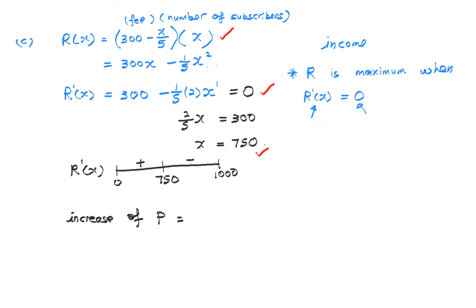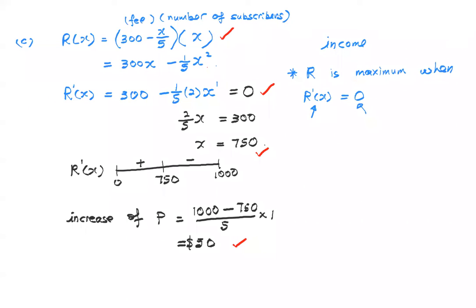So it will be 1,000 minus x, divided by 5, times 1. So you get the answer. This one is another 1 mark. So you increase by 50. Done. You get another mark here. Any issue on this?